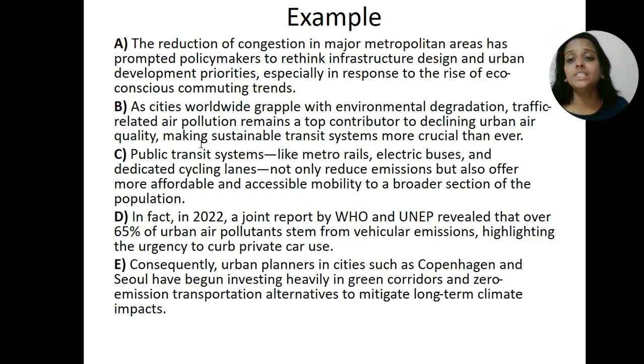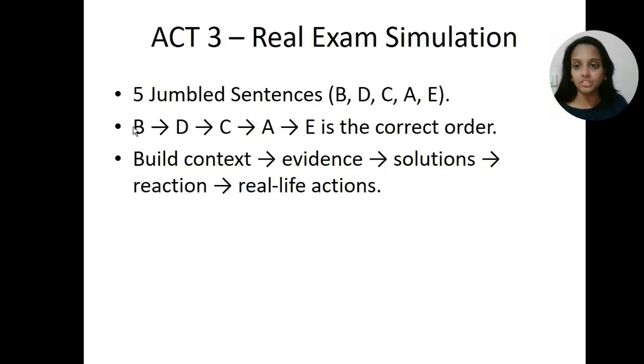Conclusion. Which sentence concludes the paragraph, shows real world examples, and ties the discussion to future planning actions? You can find a strong conclusion in none other than sentence E. Got it? So the final order is B, D, C, A, E. That's how you attack a real exam question like a pro.